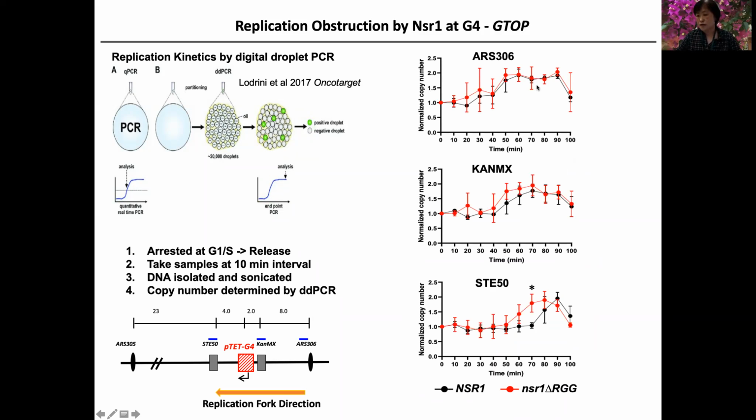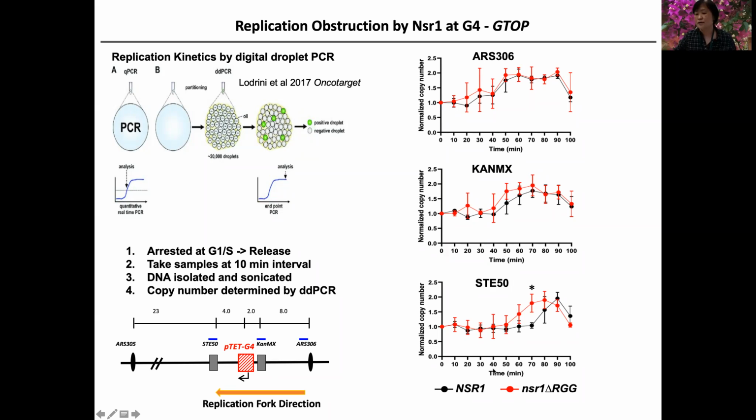At R306, and also at KNMX, you can see that replication progresses with the same kinetics whether you have the full-length NSR1 or not. That is, at R306, whether you have full-length NSR1 or not, it's reaching copy number 2 at around 15 minutes after release. However, at the location ST50, which the replication fork has to go through G4 to reach, you see that there's a big difference in replication kinetics.